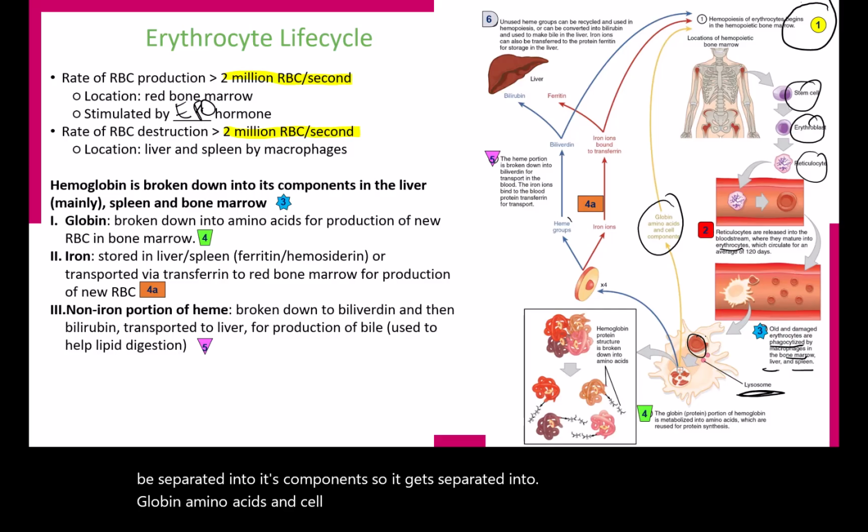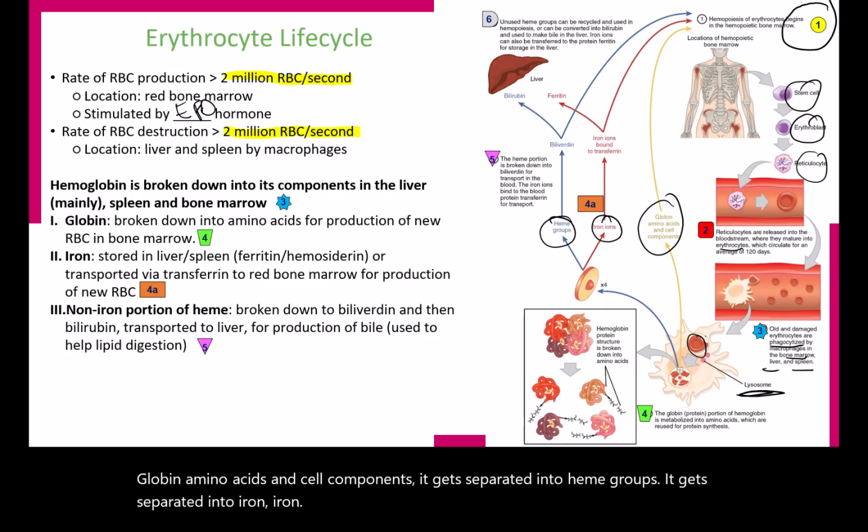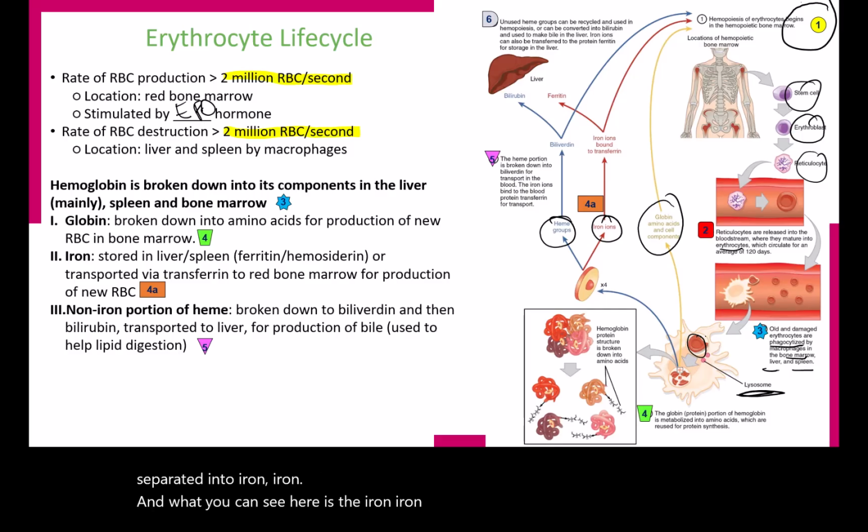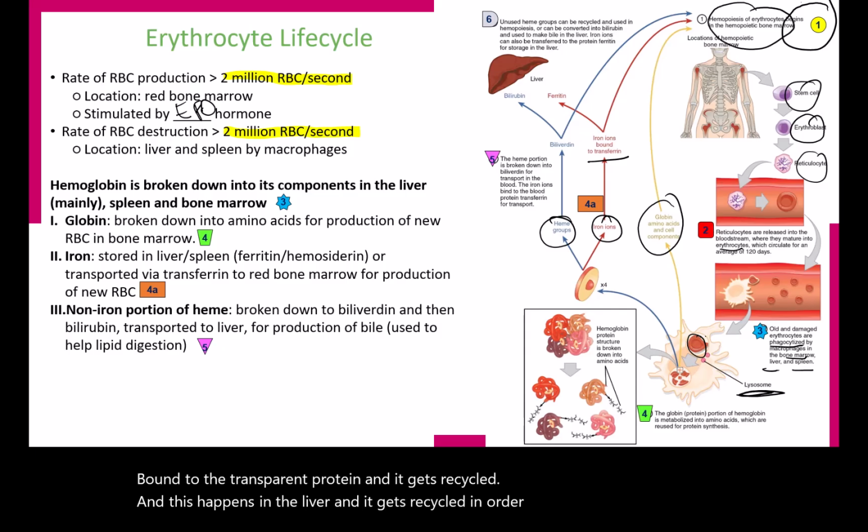It gets separated into heme groups. It gets separated into iron. And what you can see here is that iron gets bound to the transferrin protein, and it gets recycled. And this happens in the liver.